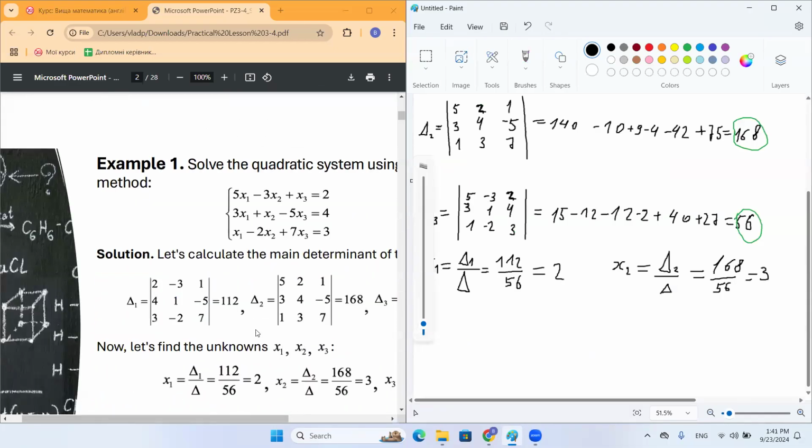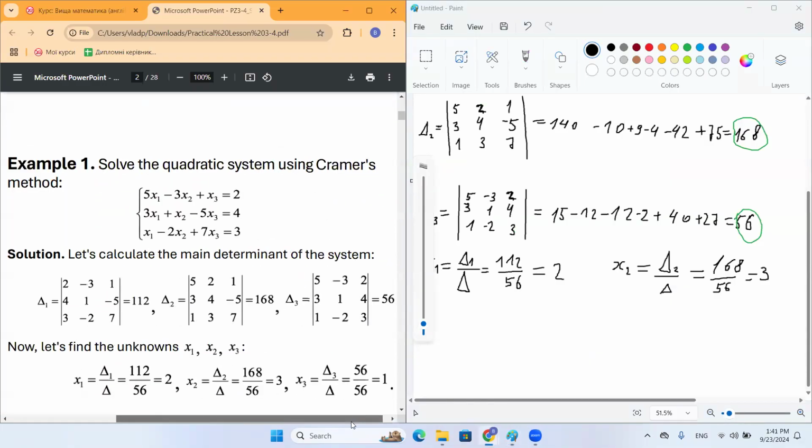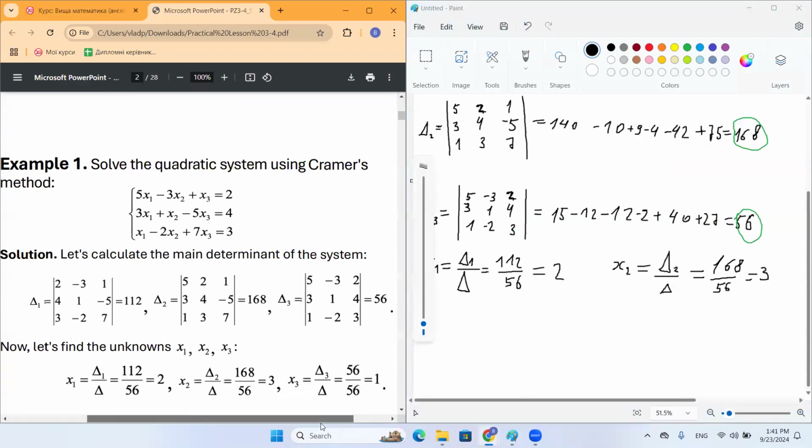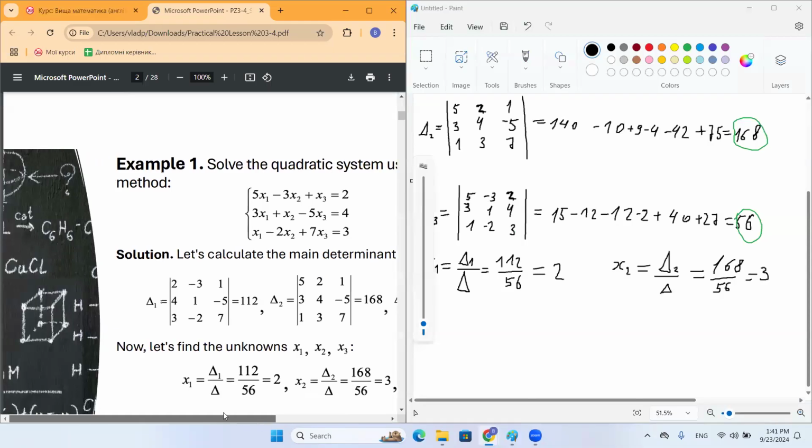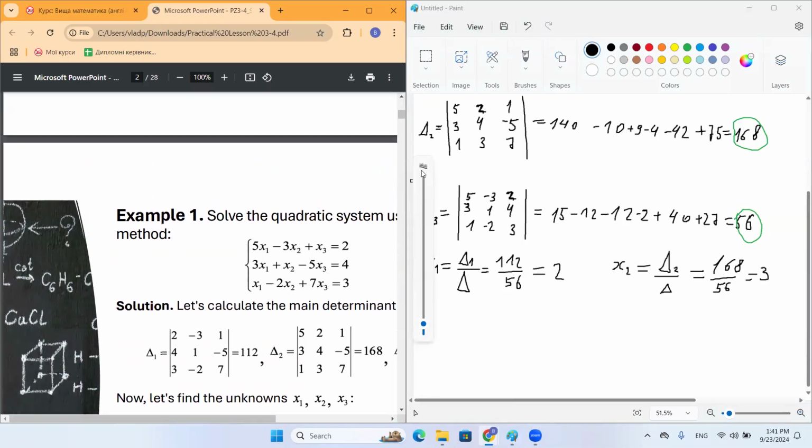So actually, we see that it matches the answers, but let's not be lazy and just verify. So 5 by 2 minus 3 by 3 plus 1. So 10 minus 9 plus 1 is 2, correct.